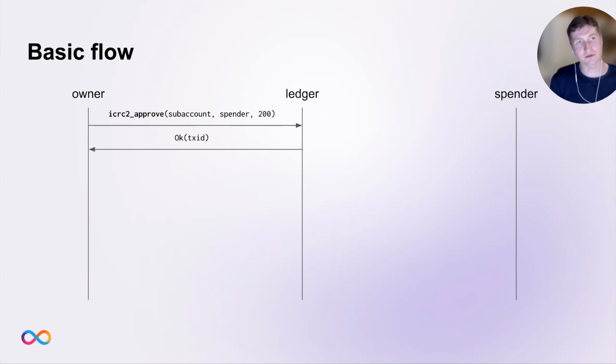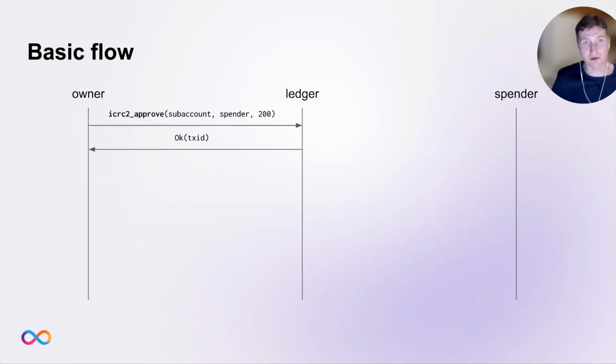The flow is usually initiated by the owner, who sends a message to the ledger and says that the spender can spend up to a specific amount of tokens. So in this case, 200 tokens from a specific sub-account of the owner.